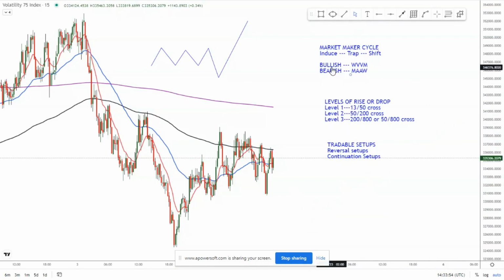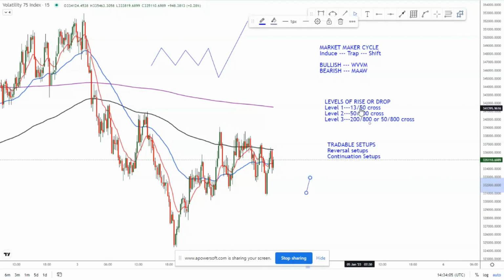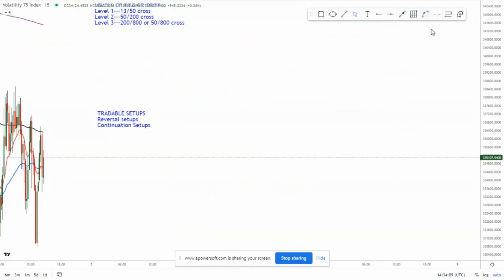I've explained that. So for a bearish market, we have an MAAW. By that we mean we get a peak formation high. Wait, I want to get somewhere where I can illustrate this. Yes. We have MAA, so we can get a peak formation high. These things are really good.